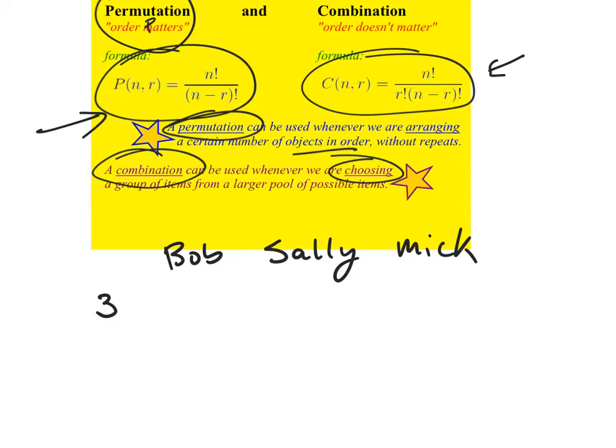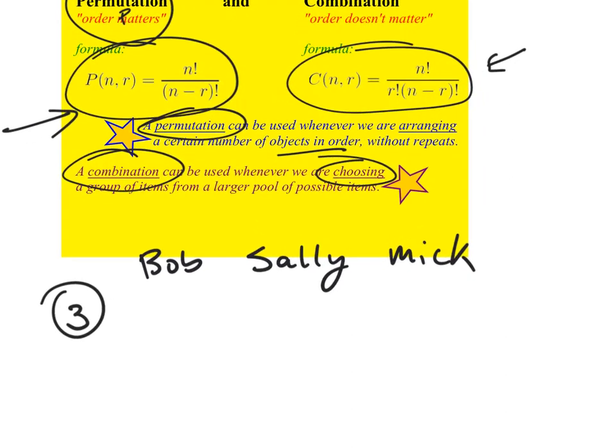All right, so my three people, Bob, Sally, and Mick, if I wanted to do the permutation first, that's where the order matters, then I could say it's Bob, then Sally, or Sally and then Bob. It could be Sally and then Mick, or Mick and then Sally, or it could have been Bob and then Mick, or Mick and then Bob.